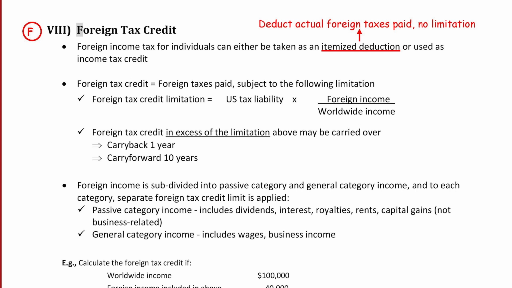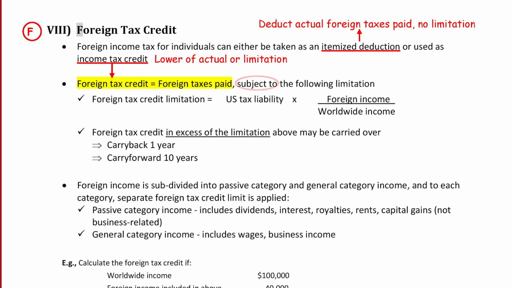Or the foreign income tax paid can be used as, underline, income tax credit, the F of FBWs. Right there, lower of actual or limitation. And draw an arrow down. Highlight foreign tax credit equals foreign taxes paid.